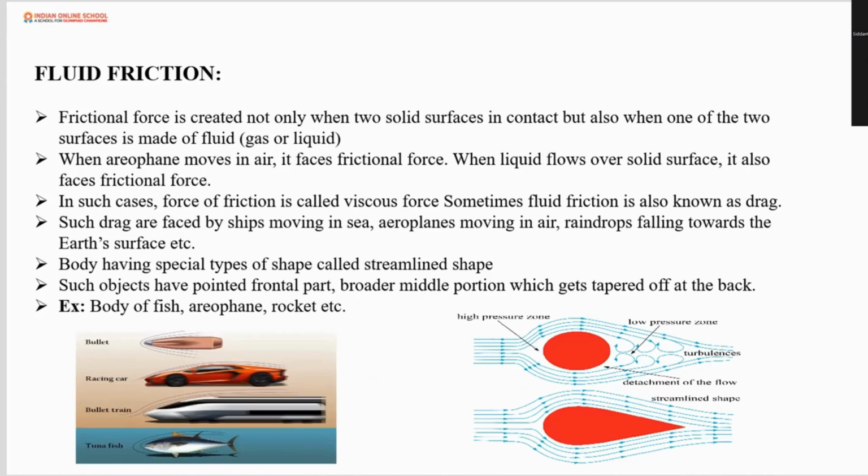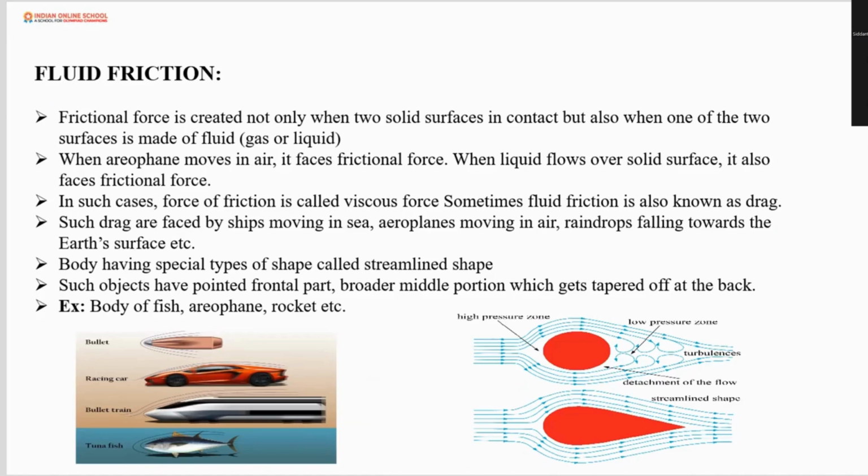But no, it's not the case. It can happen when both the surfaces are liquid, both the surfaces are gas, or one surface is solid and the other is liquid, or one is solid and the other is air. In all the cases, friction force occurs. It need not be that both objects are solid for friction to occur.